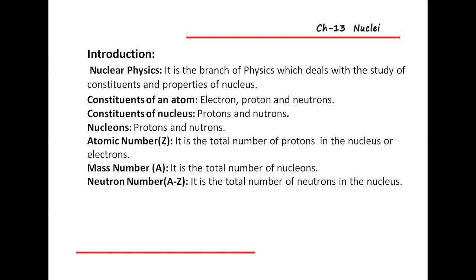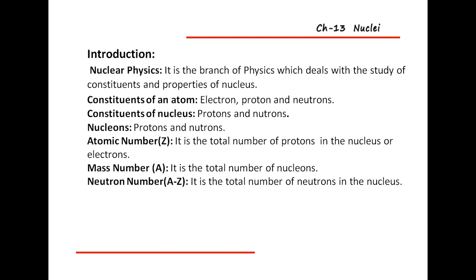So we'll see what is meant by the atomic number, denoted by Z. Atomic number Z is the total number of protons in the nucleus, or it is also the total number of electrons.